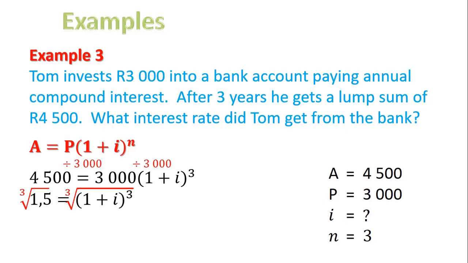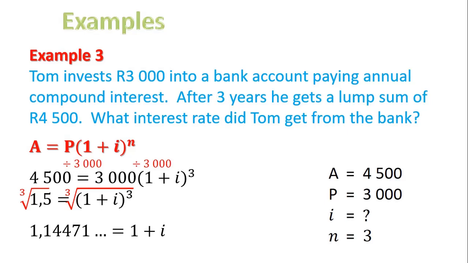So in my calculator I put the cube root of 1,5, I press equals, and I get 1,14471, etc. That equals 1 plus I. Have a quick look, see what I'm doing.